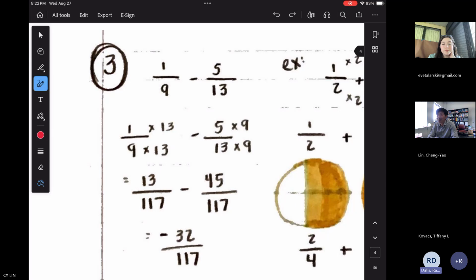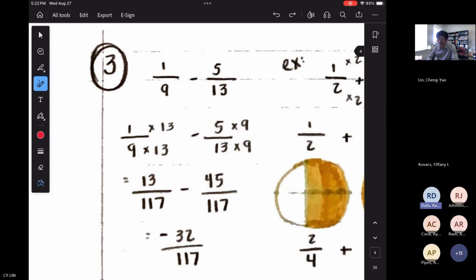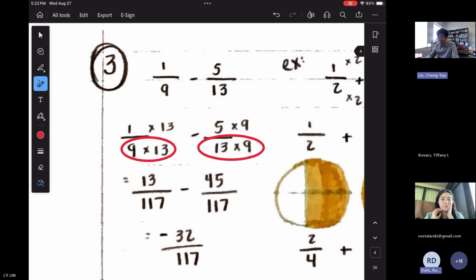Maybe 13 times 9, something the same on the bottom? But why do we need the same on the bottom? Why do we need it the same at the bottom? So we can subtract the top. I don't know exactly why.